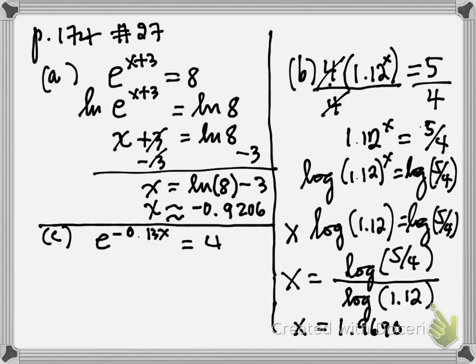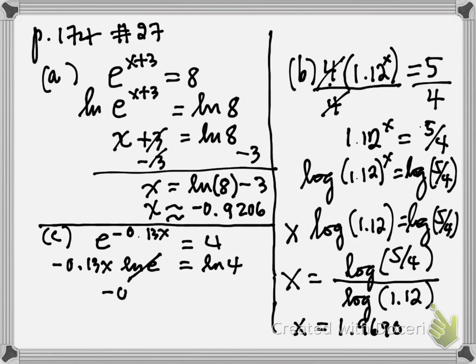I'm going to do some shortcuts now. I don't have enough space, so the e to the exponent with an x is already isolated there, so I'm just going to do ln both sides, so this becomes negative 0.13x ln of e equals ln of 4. I know that ln of e is 1, that's why the ln and the e cancel.